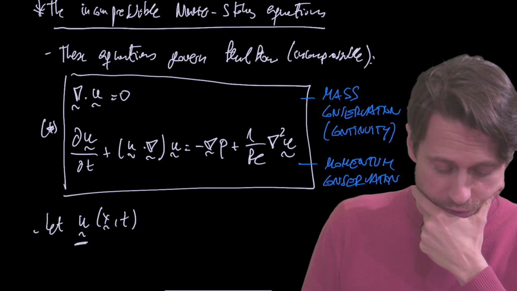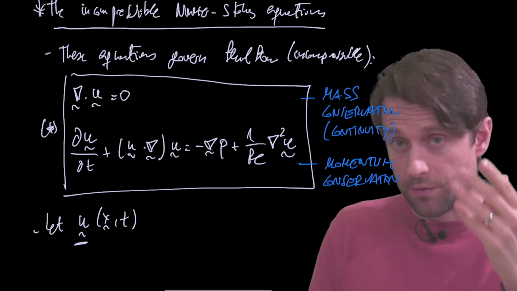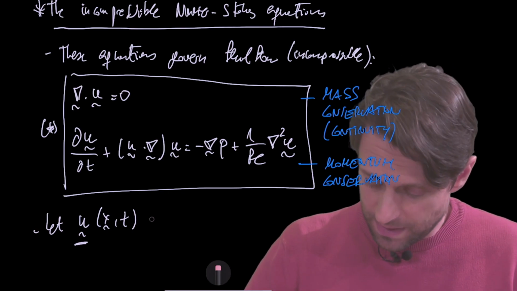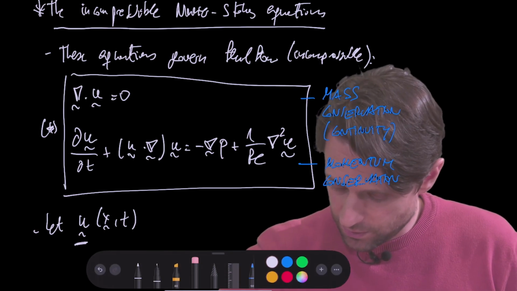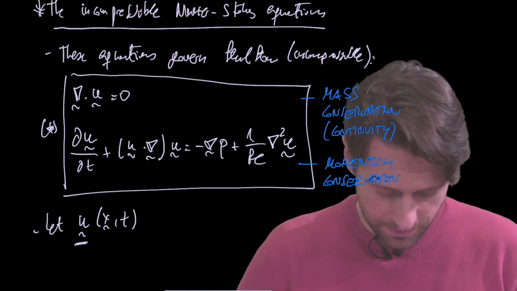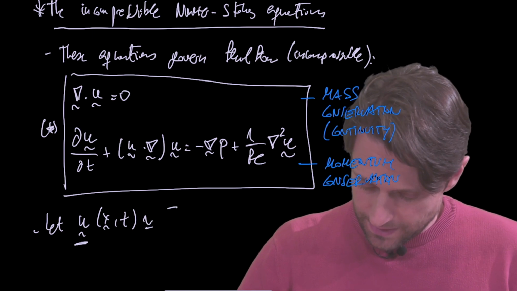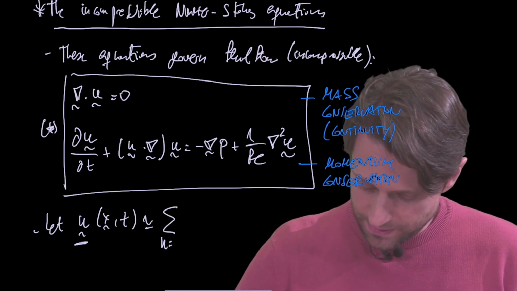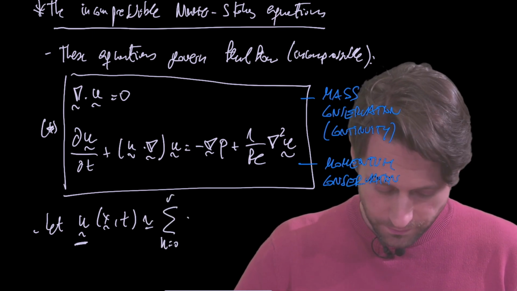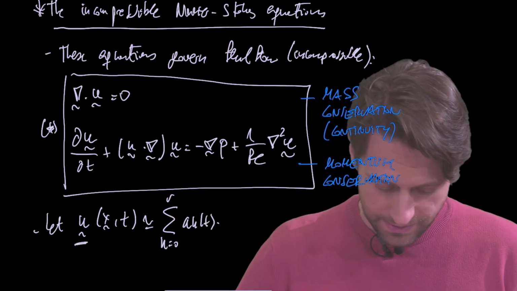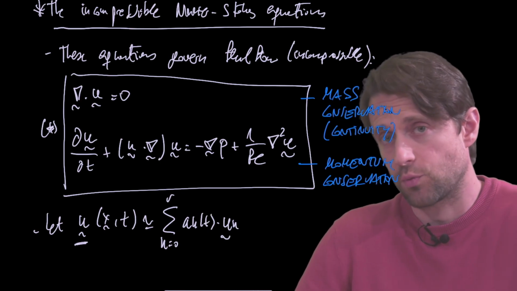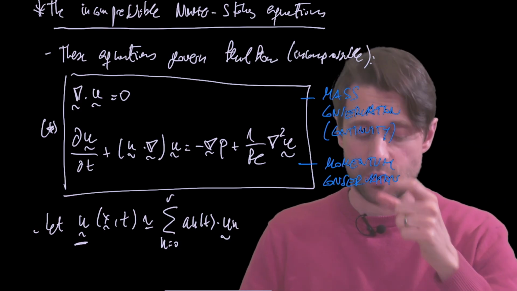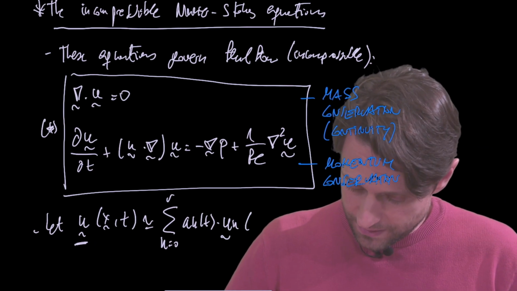Okay? So what we have here, because we have 3 dimensions, is that u will be approximately the sum from k equals 0 to r of ak of t times uk. Now this is again a vector, because we have u, v, and w components of the spatial modes of x.